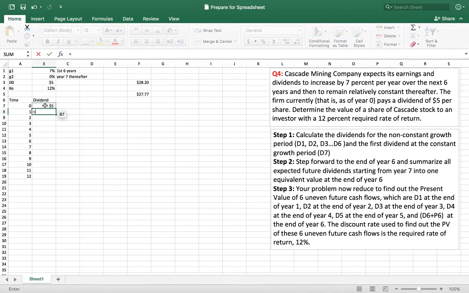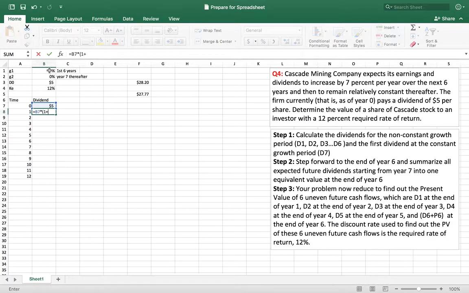So I click on B7. I then type multiplication symbol followed by the opening parenthesis and 1 plus the growth rate, which is given in cell B1.